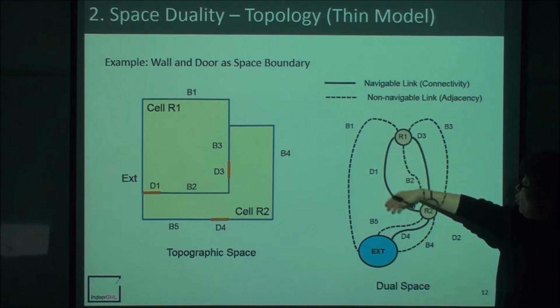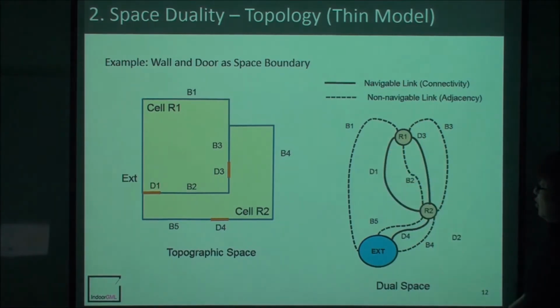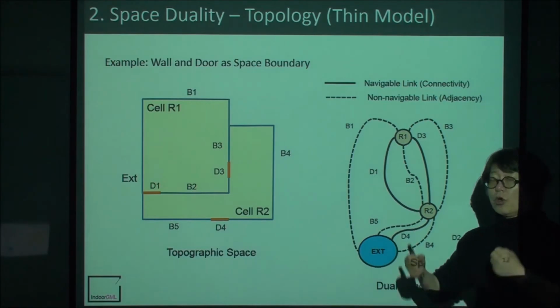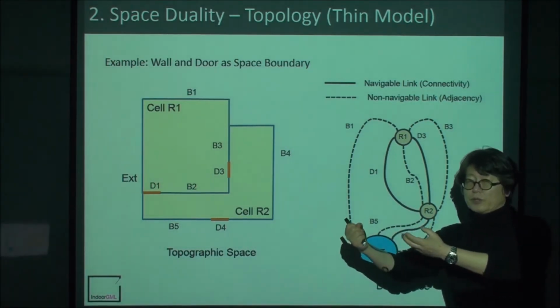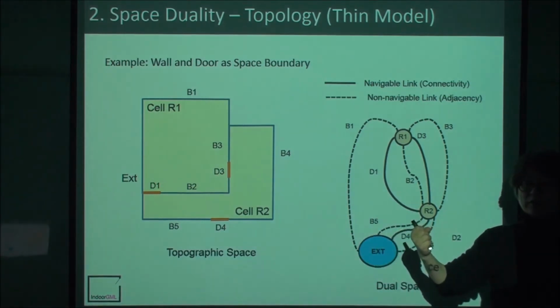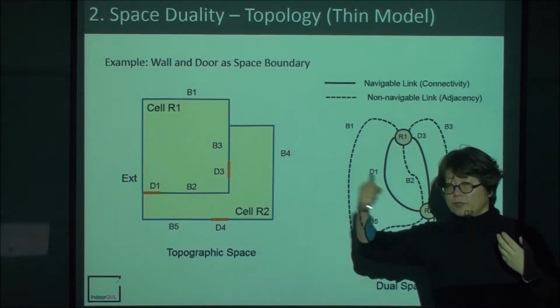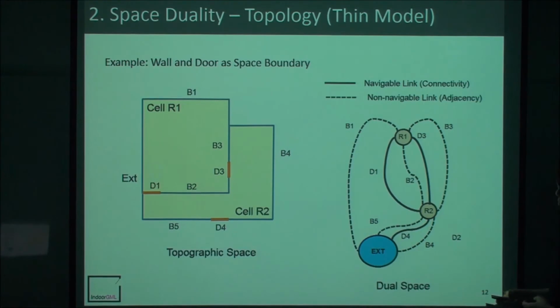So if we remove the dotted line, we can obtain the connectivity graph. So this is another interpretation, but the main idea is that using the Poincaré duality, we can derive the network space or graph space from the original space.